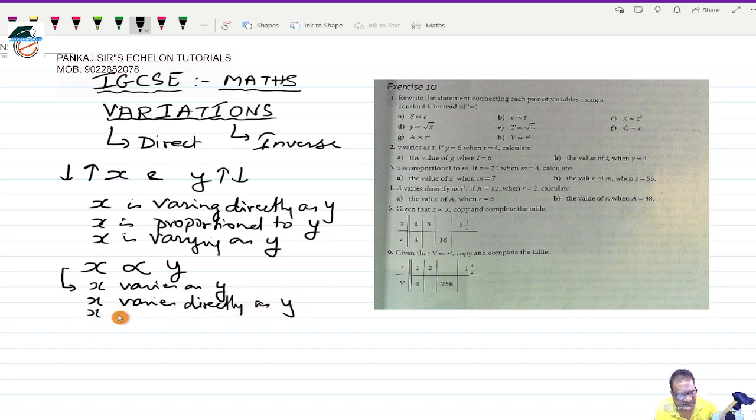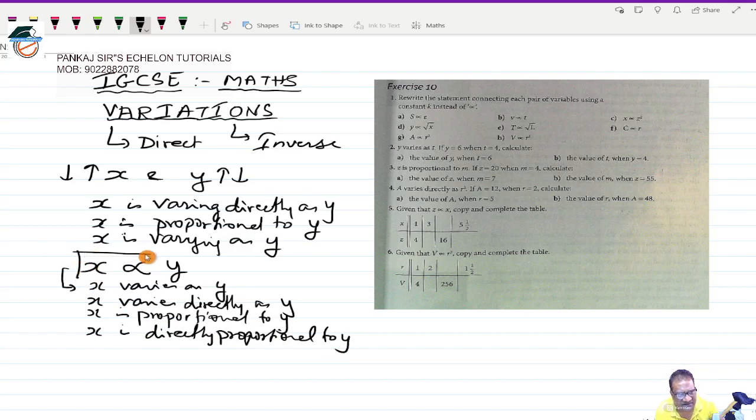This can also be written as x is proportional to y. This can also be written as x is directly proportional to y. So you can read this statement in four different ways.